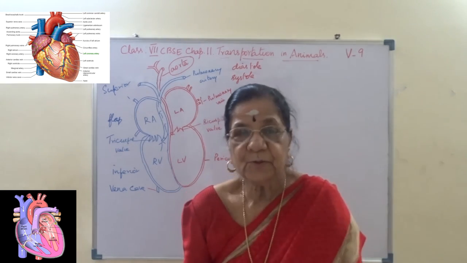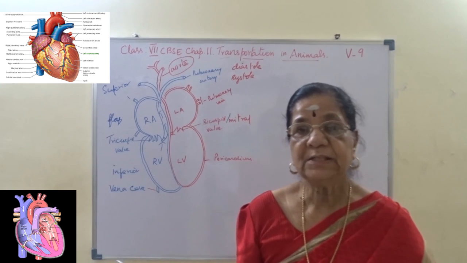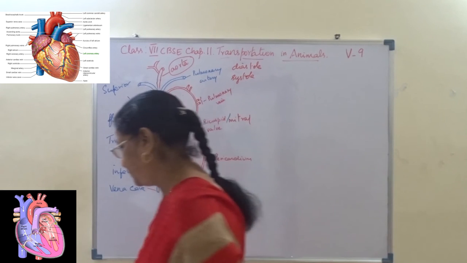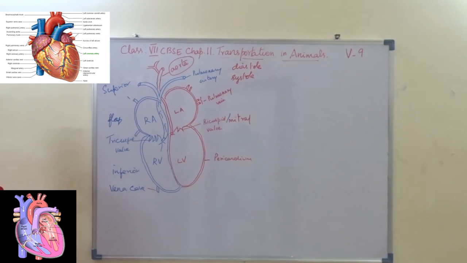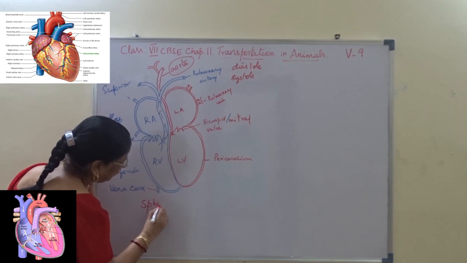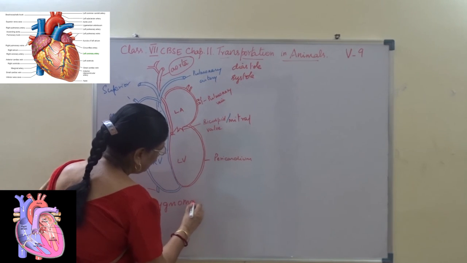Hg is mercury, and the blood pressure apparatus with a mercury level is called a sphygmomanometer.